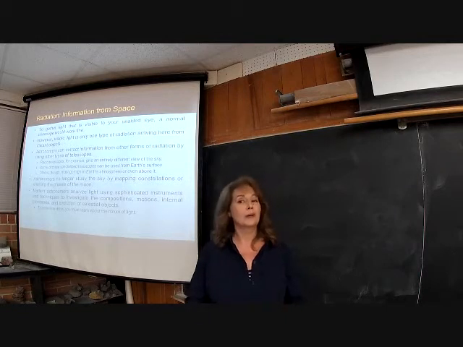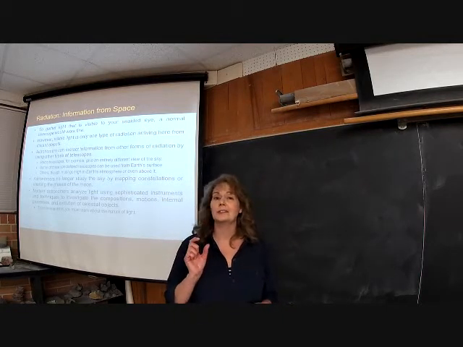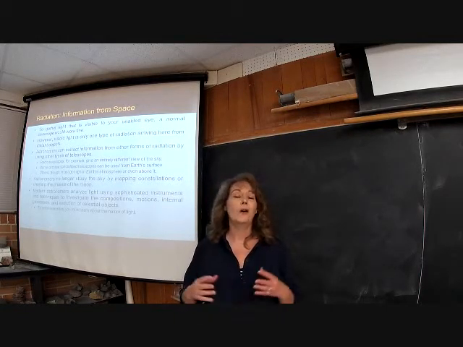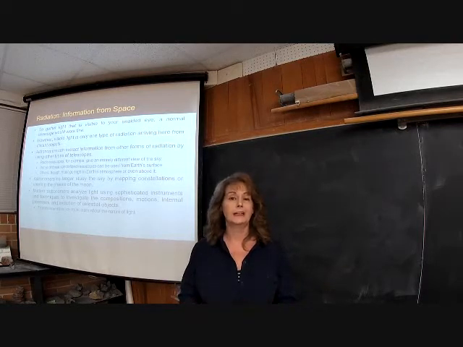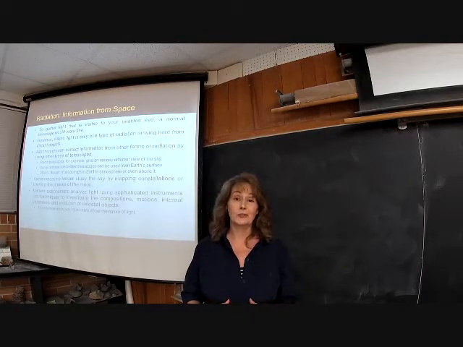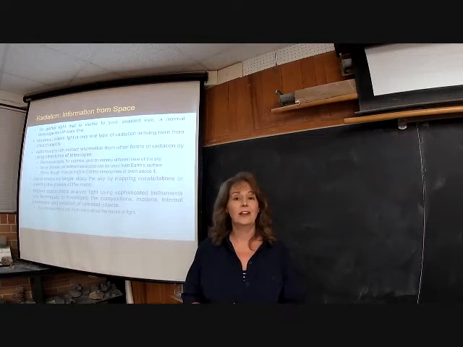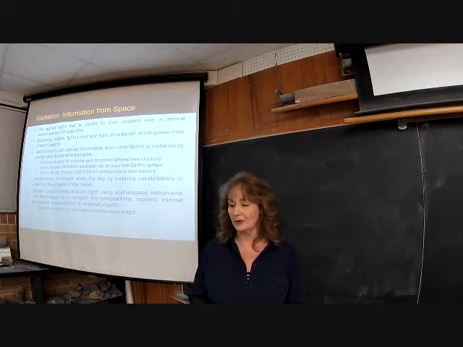But if you recall, visible light is just a tiny portion of all the electromagnetic spectrum. And so astronomers are interested in taking advantage of all manner of wavelengths of the electromagnetic radiation.